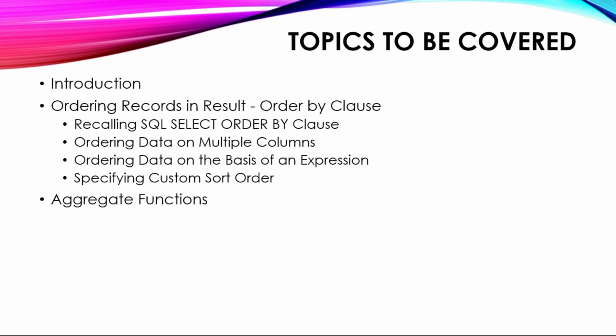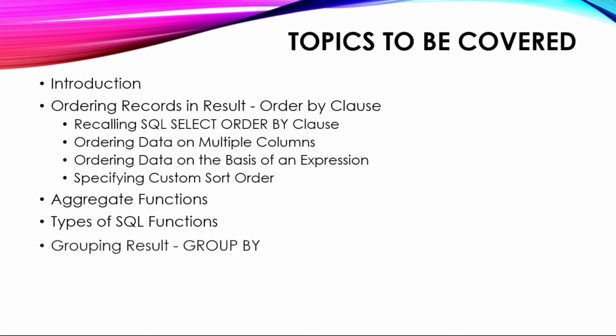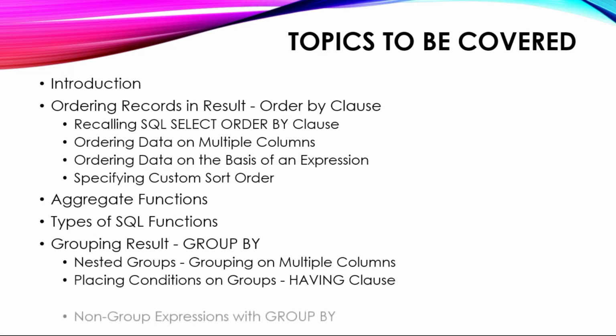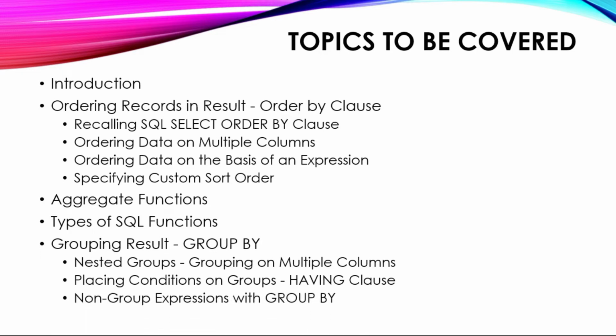Next topic is your aggregate functions, types of SQL functions, grouping, that is your group by clause, in that nested groups, that is grouping on multiple columns, placing condition on groups, that is your having clause, non-group expression with group by clause. So one by one we will cover these topics.